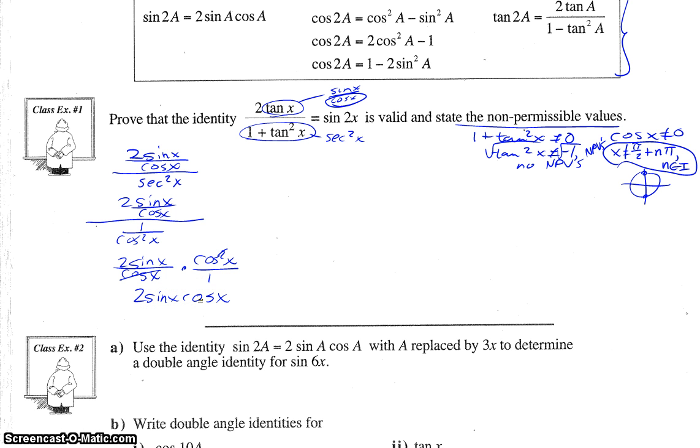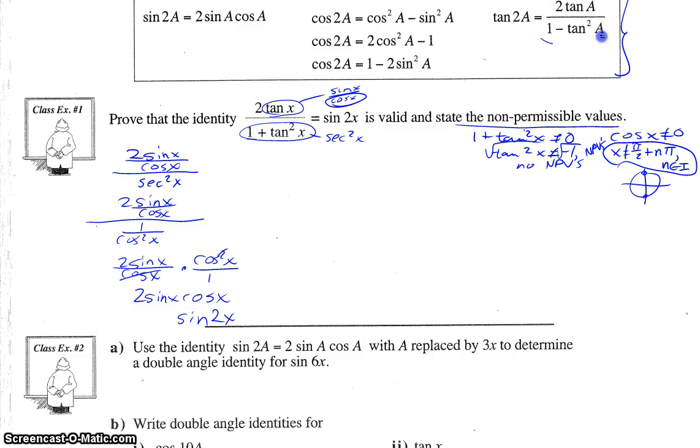Hey, that's an identity, right? Let's look at our formula sheet, or we can work on the right-hand side, but that is equivalent to the sine of twice the angle. And there we go. So we've shown that sine 2x is equal to 2 tan x over 1 plus tan squared x.